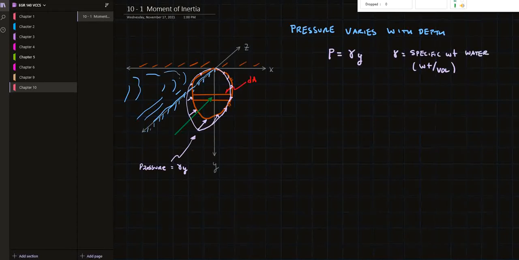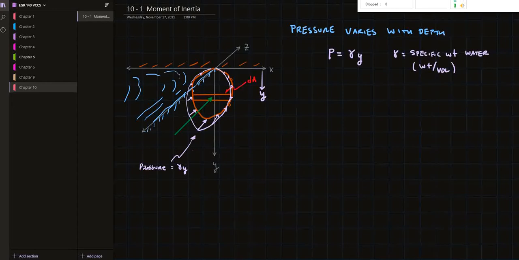And y is the distance in the y direction here. So the deeper you go, the more pressure it is, and it's not a uniform distribution. It's a non-uniform distribution, but it's a linear distribution. For example, at 20 meters depth, or 33 feet, that's 1 atmosphere of additional pressure.